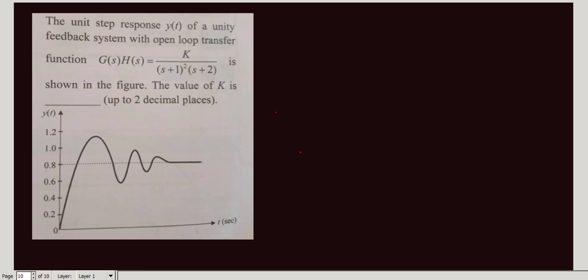You should carefully observe that in the question G of S, H of S is given, but he is telling that it is a unity feedback system, so H of S is 1. So G of S, H of S is K by (S plus 1) whole square into (S plus 2).